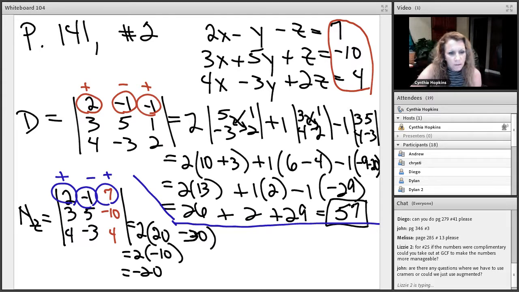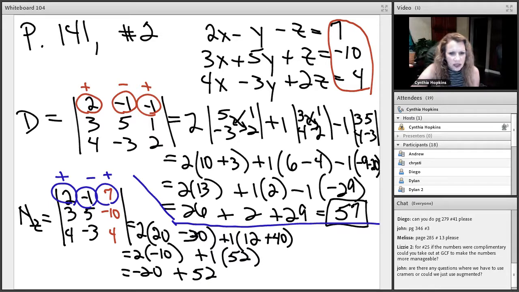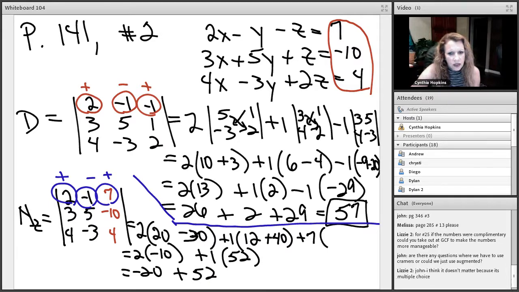Okay, then I go minus a -1, so that's +1, and then cross out the column and the row that -1 is in, and I'll get 12 minus a -40, so plus 40. That ends up being +1 times 52, so that's plus 52. Okay, and the last one is going to be a +7. Cross out the row and column, and I get -9 minus 20.